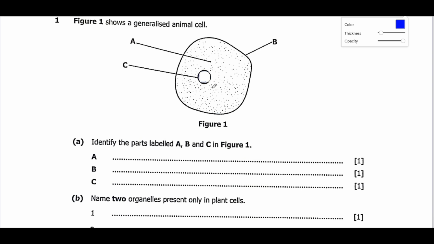Let's have a look at the first question. The first question is all about identify. To identify simply means to state the name given to a labeled part. So identify the parts labeled A, B, and C. A refers to this liquid here, as we can see by the dots. This is called a cytoplasm.